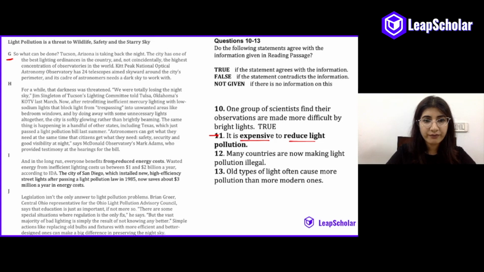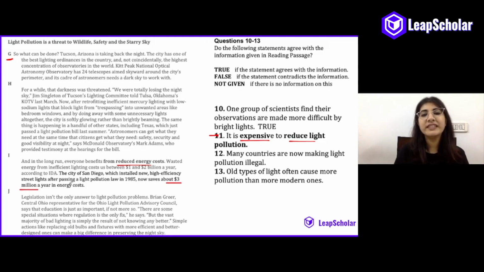Here I found the keywords. Everyone benefits from reduced energy costs. I will read this carefully. Wasted energy from inefficient lighting costs us between $1 and $2 billion a year. The city of San Diego, which installed new high efficiency street lights after passing a light pollution law, saves $3 million a year.